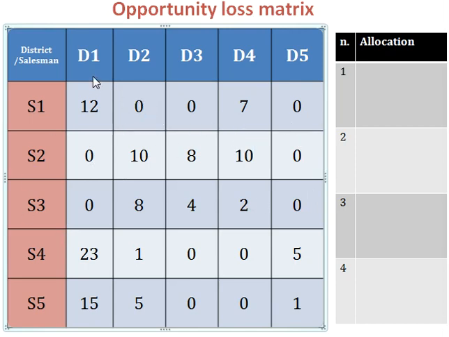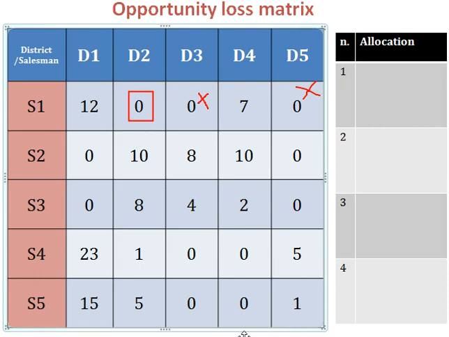Before that we also check whether any column is available with a single 0. Yes, this column has a single 0, so we proceed with this and make the allocation at that point, and mark the remaining 0s in that particular column as unassigned. Okay, so in this row we cannot make a further allocation.